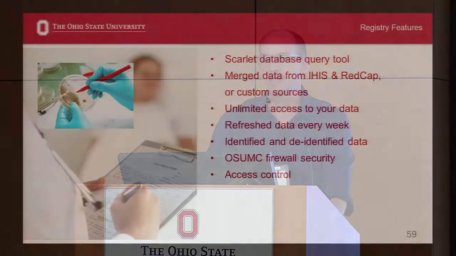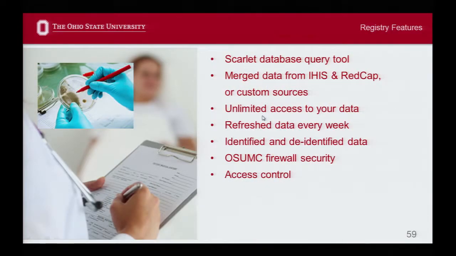And registries, like Jeremy was talking about, is what this runs off of, or what it was made for. And it can do other things, like we said, but it was made for our registries, and so it does IHIS and REDCap and custom sources, like I showed you. And you get unlimited data access, like Jeremy was saying, refreshes every week.